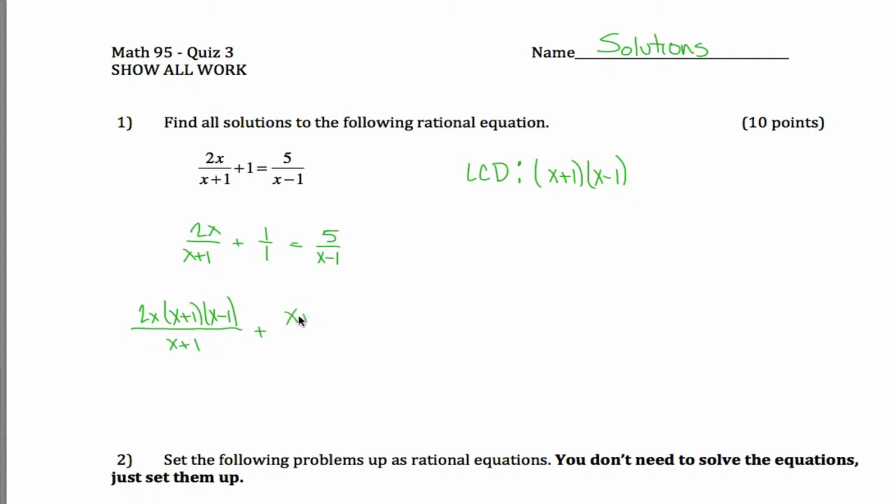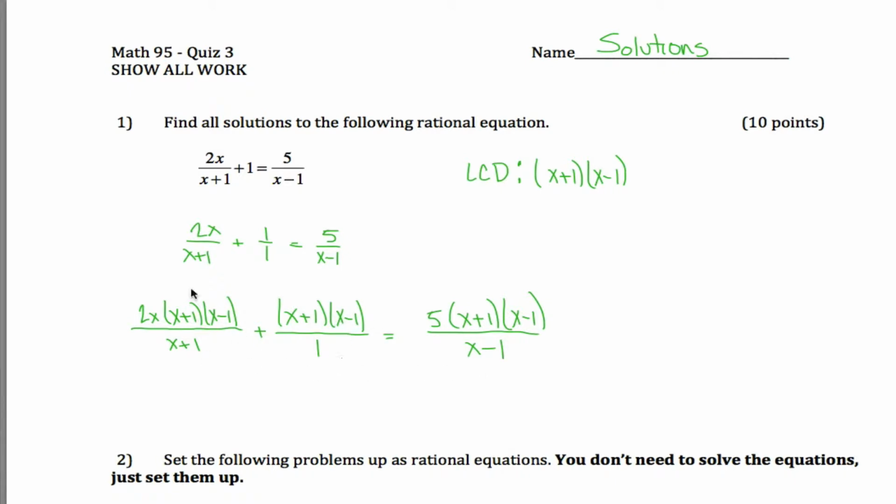And then I'm going to get x plus 1 times x minus 1 times 1 divided by 1. Sorry, just multiplying the top by x plus 1 times x minus 1, which gets me here. And that's equal to 5 times that least common denominator. And over here, I have the x minus 1 on the bottom.